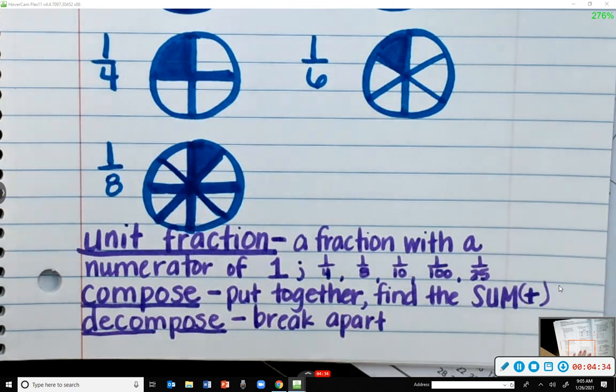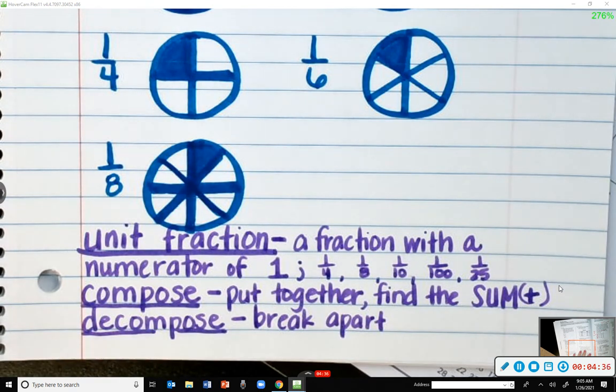We have learned about decomposing when we talked about soil, right? It's in our math notebook. Dead animals, dead leaves, all decompose and eventually turn into soil. They break down into small parts. That's the same thing with math. You're decomposing fractions, you're breaking them apart into smaller pieces.